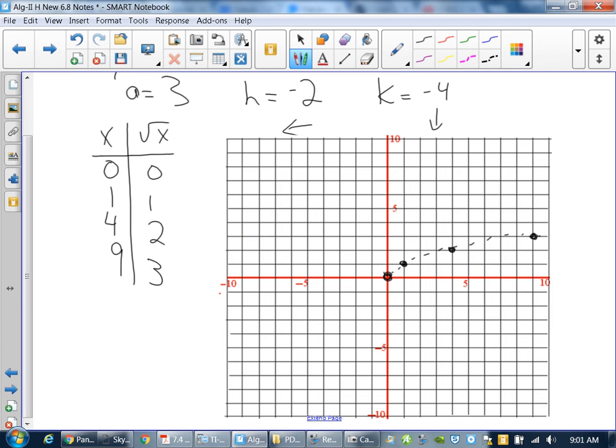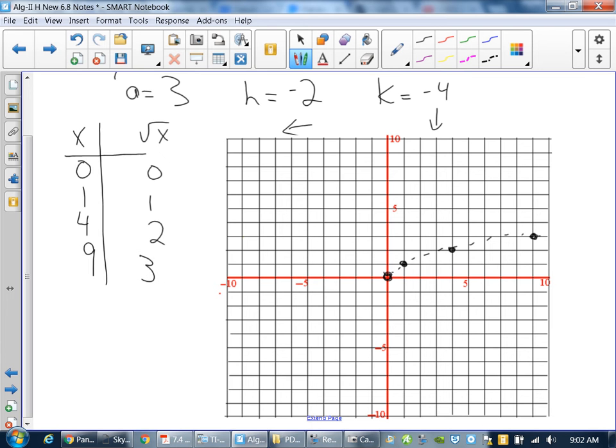Sometimes when you work with the parent function, it is easy to automatically apply your scalar to it before you do any shifts, because of order of operations. Well, let me rephrase that. This is going to be 3 times the square root of x plus 2, minus 4.